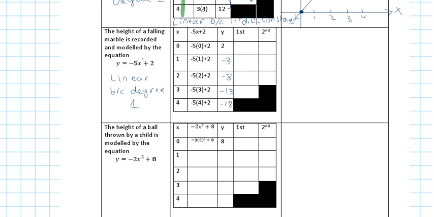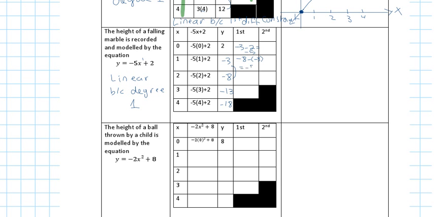So if I do negative 3, be careful here because you have lots of negatives. Negative 3 take away 2 is negative 5. Then negative 8 take away negative 3. So be careful here. I have double negatives. So that's negative 8 plus 3, which is negative 5.